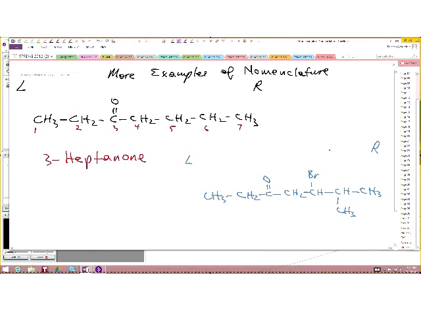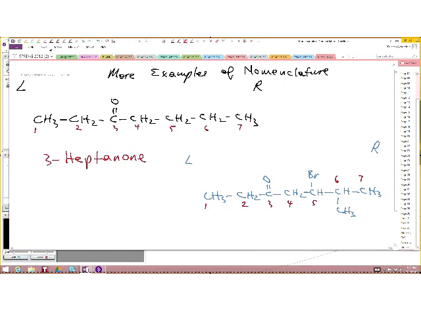Keep in mind you have to assign the lowest possible number to the carbonyl of the ketone. So therefore, this becomes 1, 2, 3, 4, 5, 6, and 7.